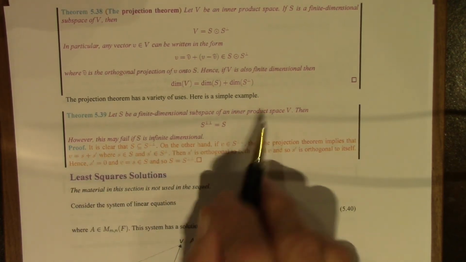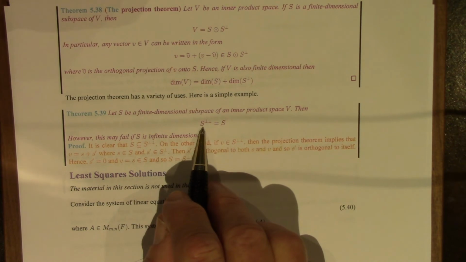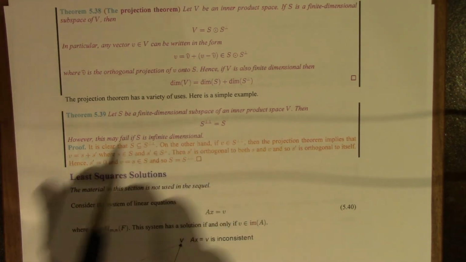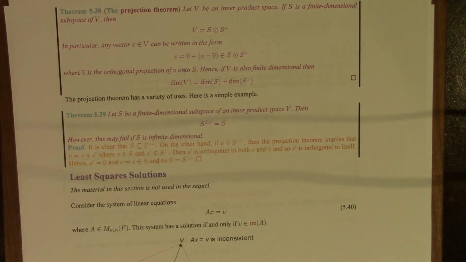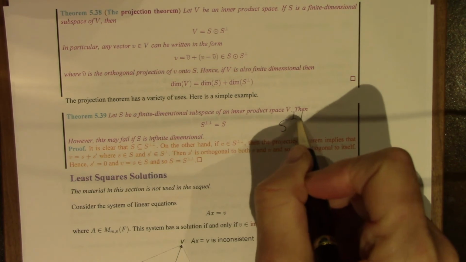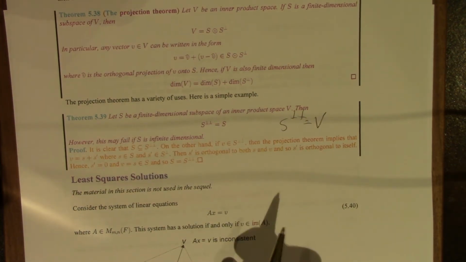V was L2 and S was the square summable sequences of finite support. S perp was trivial. And so what is S double perp? It's all the vectors that are orthogonal to the trivial subspace, or in other words, to the zero vector. Everything is orthogonal to the zero vector. So in that case, S double perp was all of V, much bigger than S. Okay.